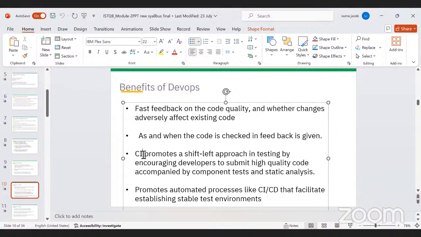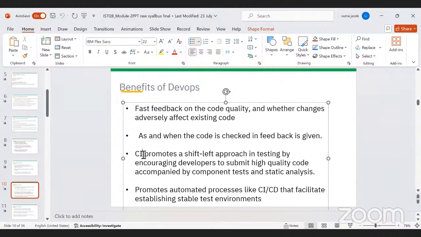So what is the advantage? This will ensure that defects are identified and addressed earlier in the development process, which is very important, because if we do not find them earlier, it will be very expensive and difficult to fix the issues later in the life cycle. For example, developers use CI tools like Jenkins, which can automate the build and test process.